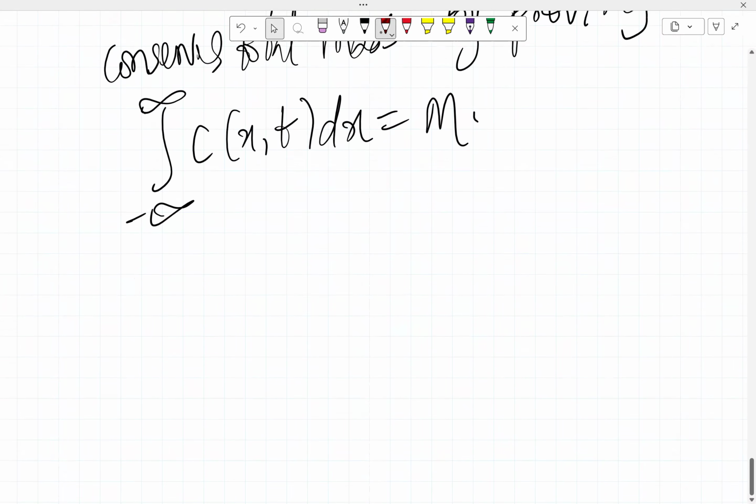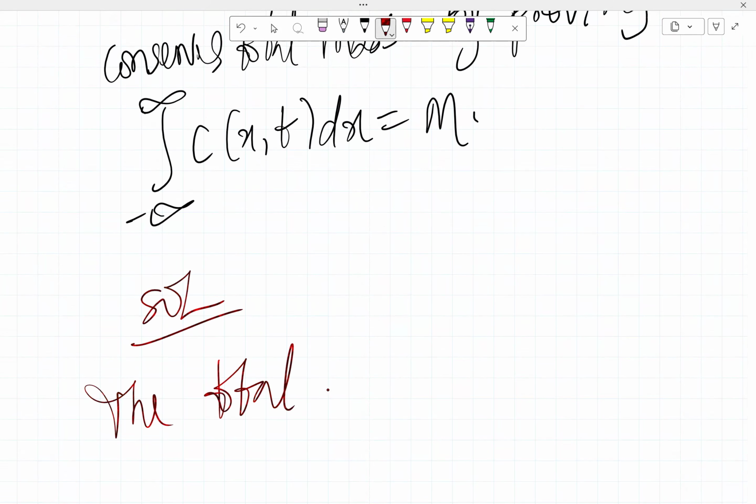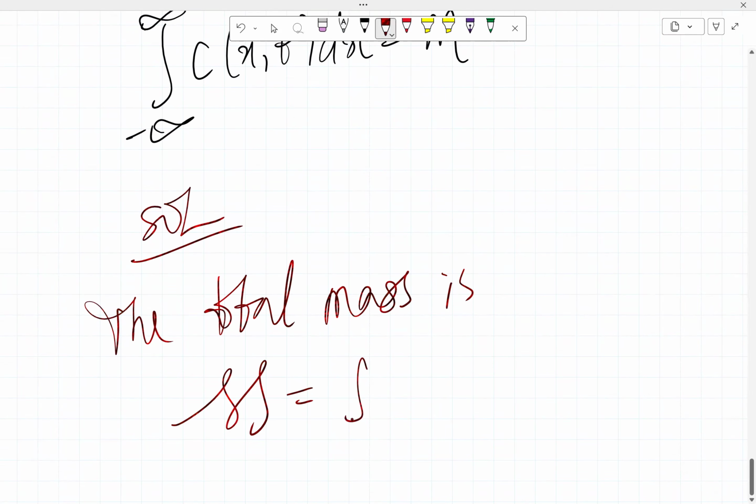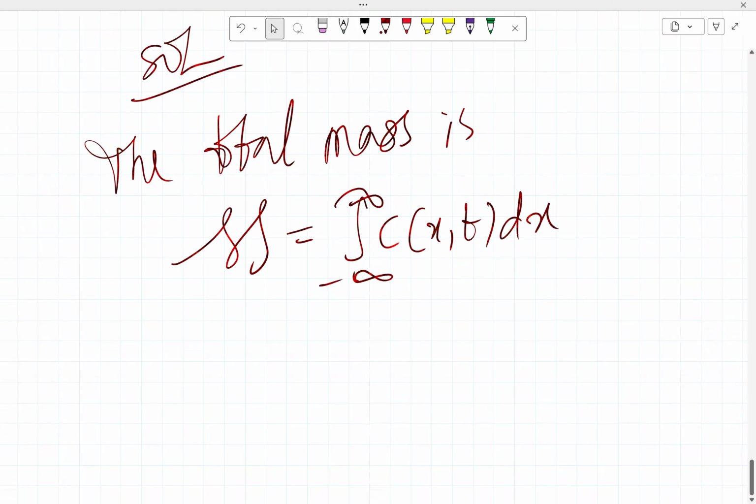So we go on with the solutions. First thing, we write the total mass. We know from our study so far, from even in this lesson, I explained that the total mass is actually this m, which is equal to integral from minus infinity to infinity c of x comma t dx. That's the total mass formula.